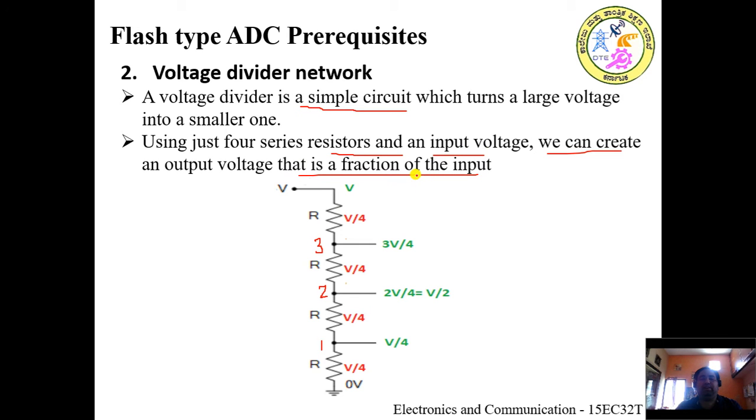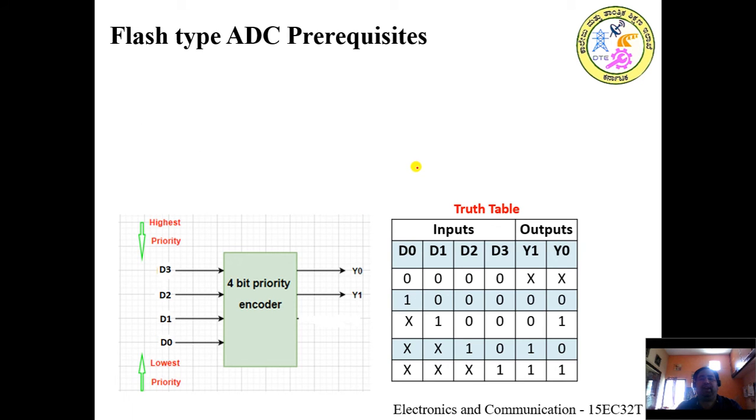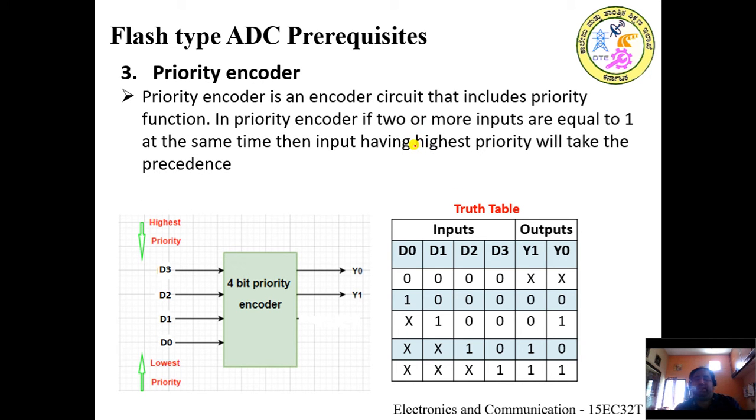And next, the third component is the priority encoder. As we already studied the standard encoder and its operation, the standard encoder can be represented as a 2 to the power of n to n digital system.